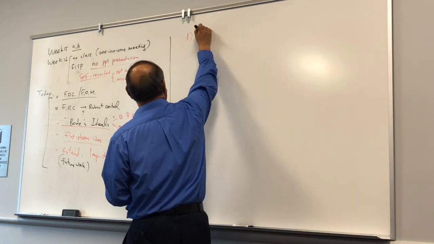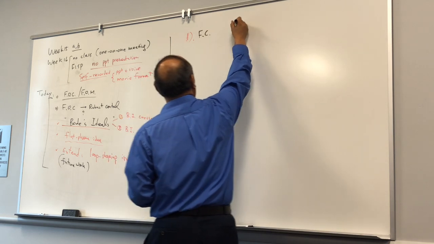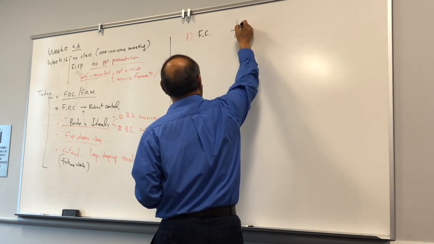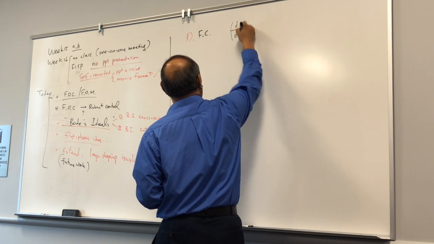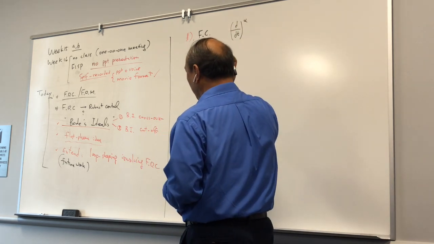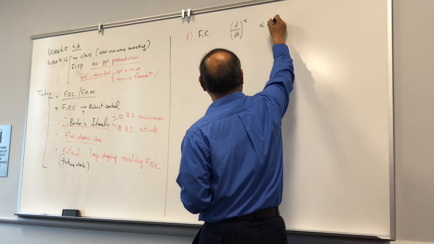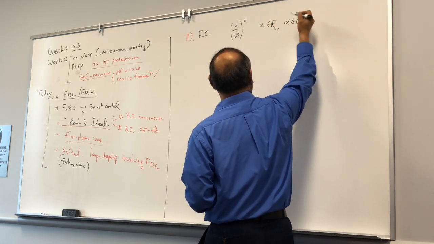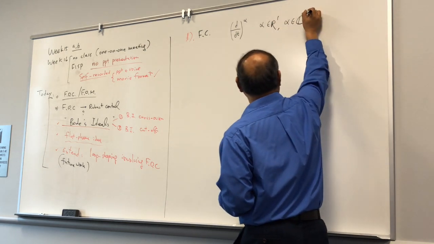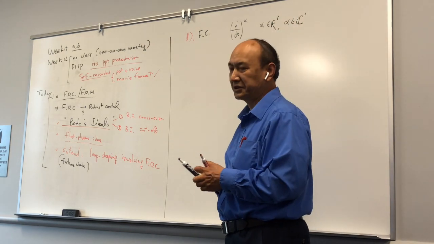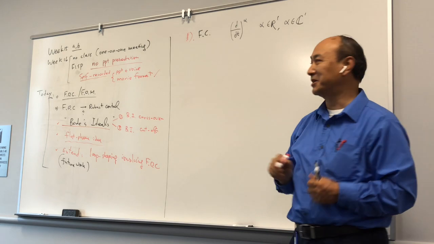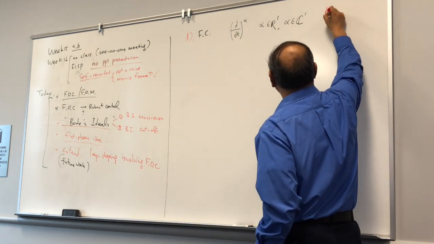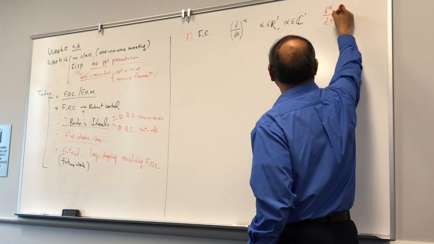Fractional calculus is when you do d/dt to the power of alpha, where alpha is a real number, or alpha could be a complex number. So people write this d^alpha/dt^alpha.